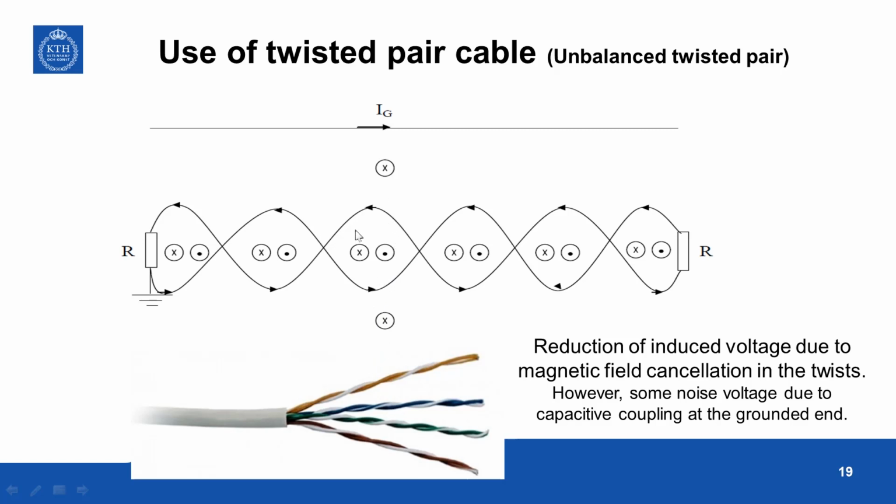Now from Faraday's law, if you have a closed loop like that, it can be a fictitious loop like this, then it can drive certain currents over here, and those currents will produce a magnetic flux that opposes the original flux. In that way, it will reduce the coupling inside the loops.